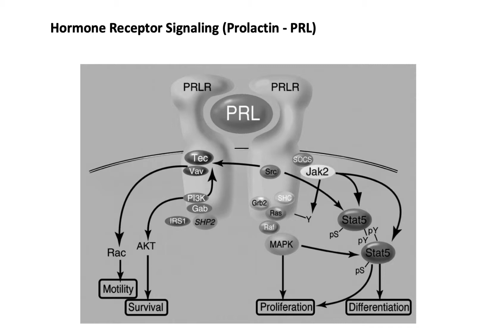So if you already have a cancer cell, or in some cases to initiate a cancer cell, prolactin as well as estrogen can affect those different types of cell characteristics in tumorigenesis and carcinogenesis.